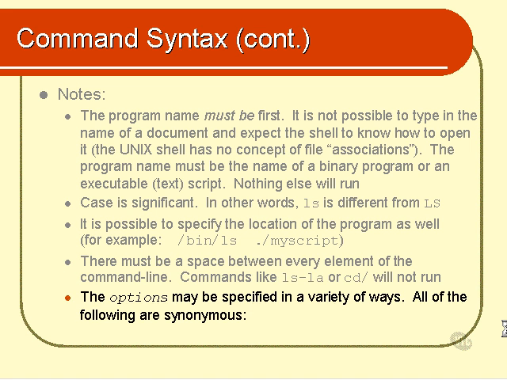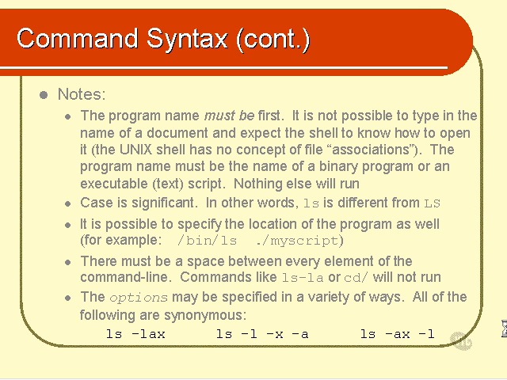When you're specifying options, you can specify them in a variety of ways. All of the following are synonymous. You can say, for example, ls -lax, which is exactly the same as saying I want three particular options to be included in my running of the ls program: the -l option, the -a option, and the -x option. You can specify them all together with one minus sign, or you can break them up.